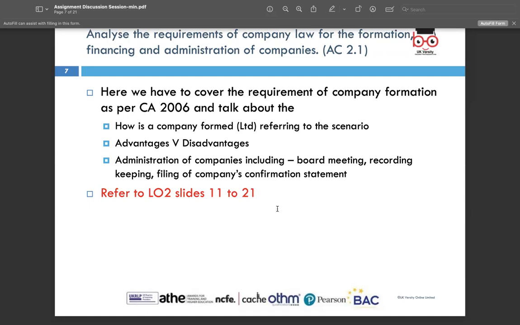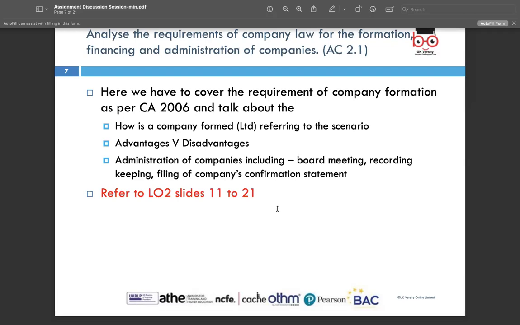Basically, formation of a company under the Companies Act 2006: the registration process. You can explain how a company is registered with Companies House, including the submission of necessary documents such as the memorandum and articles of association. Describe how, upon incorporation, the company becomes a separate legal entity, distinct from its owners and directors. Then advantages and disadvantages.